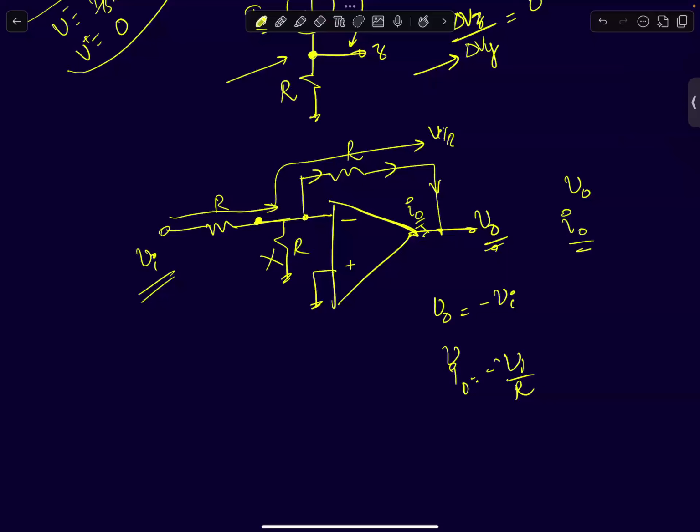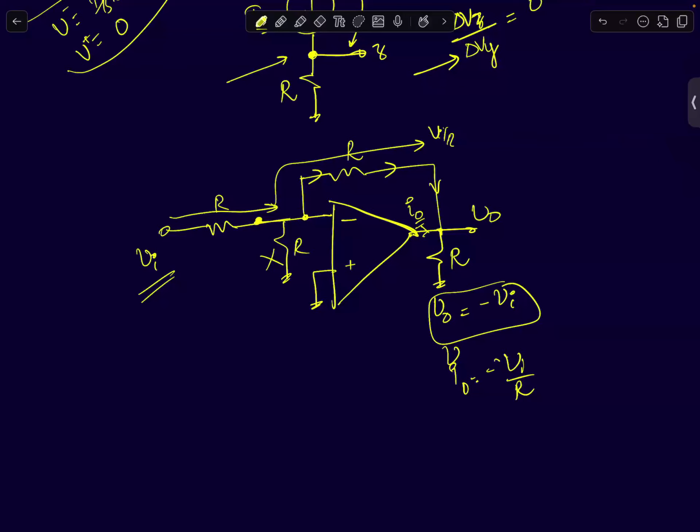Let's say I just add a resistor at this point, a resistor of value R. What do you think will happen to V naught and I naught? No change in V naught, but will there be a change in I naught?